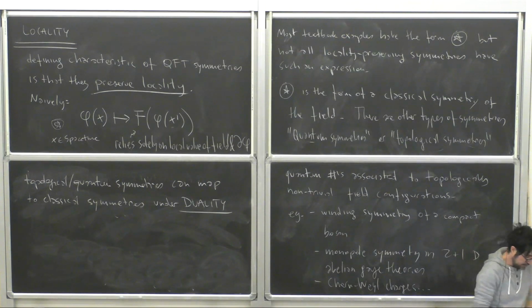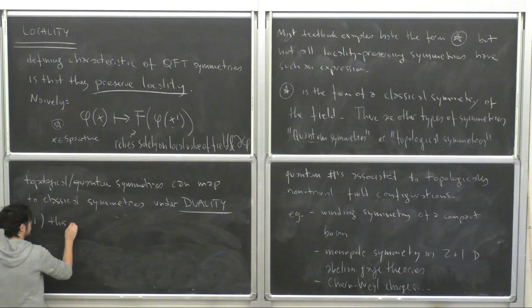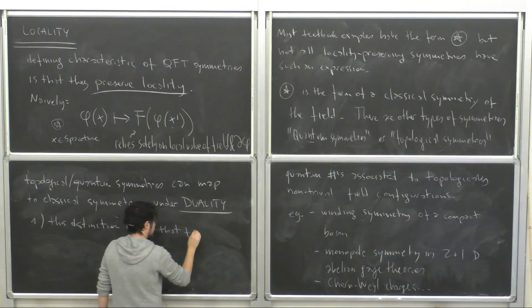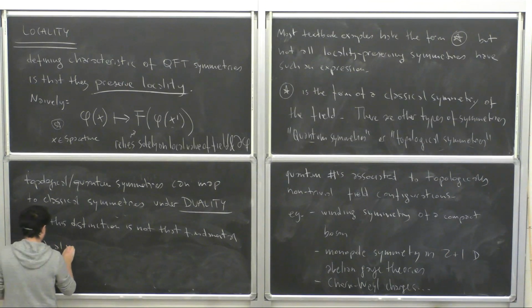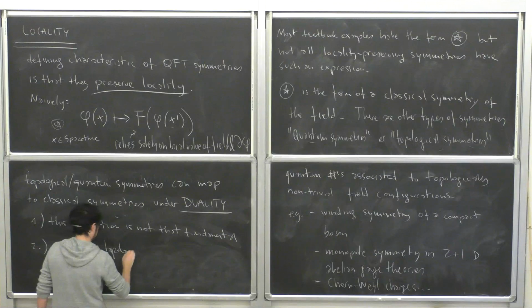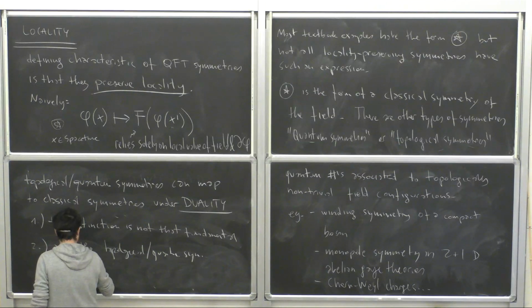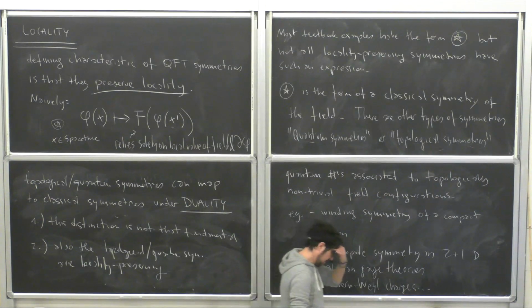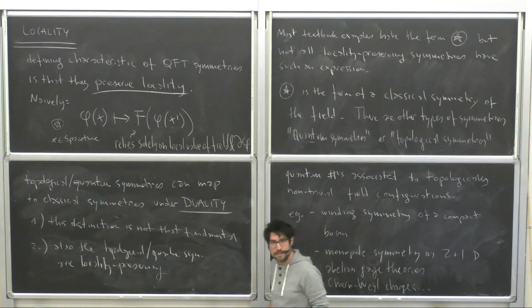And so because of duality, first of all, this distinction is not fundamental. And second, these topological quantum symmetries are locality preserving. So from a contemporary standpoint, we would like to have a universal way of characterizing locality preserving symmetries.